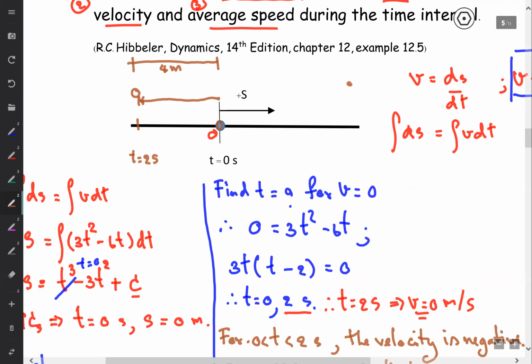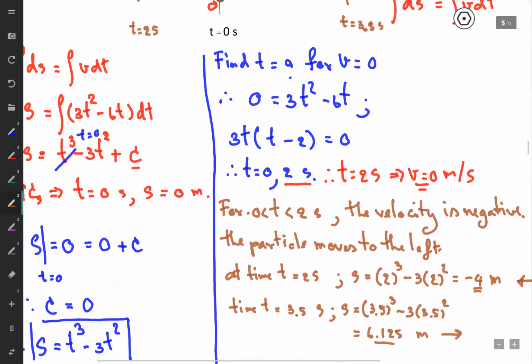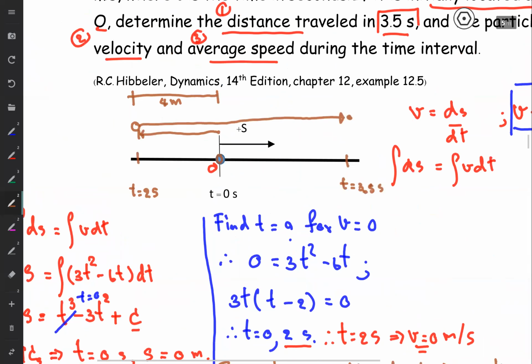So at time equal to 3.5 seconds, the particle is on the right-hand side of the starting point, moving to this point with 6.125 meters.